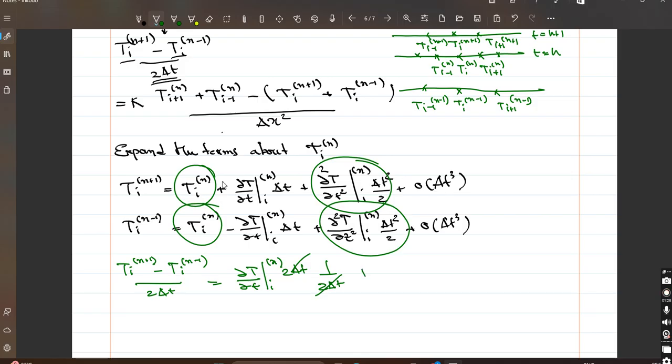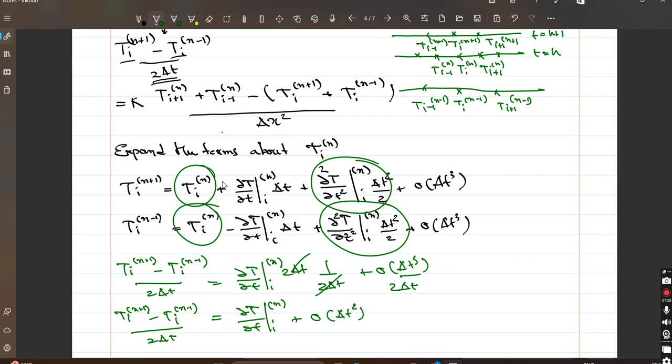So this will get cancelled, plus order of delta t cube. This will again get divided by 2 delta t. So finally we'll have T_i^(n+1) minus T_i^(n-1) by 2 delta t is nothing but the partial derivative of T with respect to t at time n plus order of delta t square.